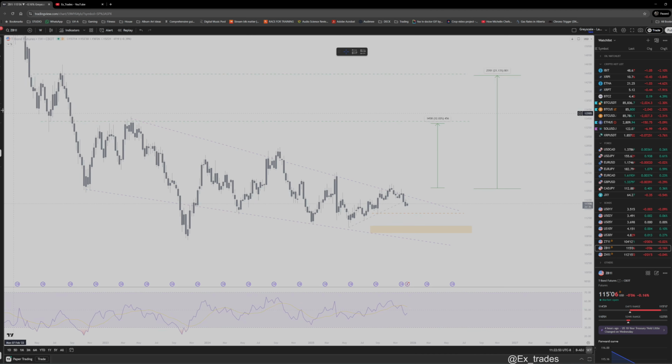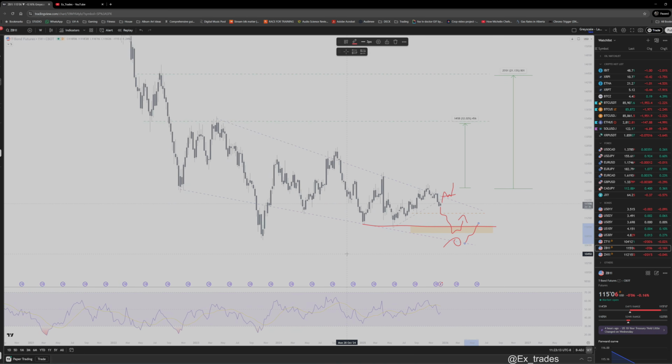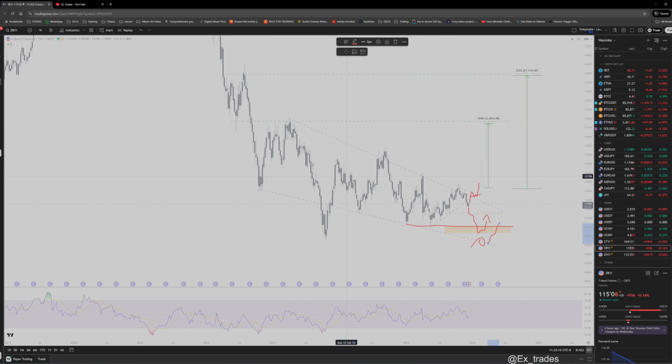As far as a trigger to buy, I'm looking for either a break above, buy here, or a sweep of this low area here. Something like this where we reclaim would be really bullish, or a bounce off this trend line as well. That would be bullish.